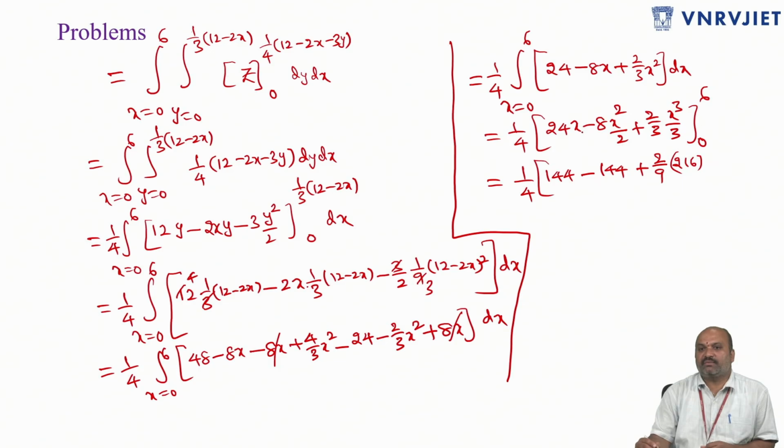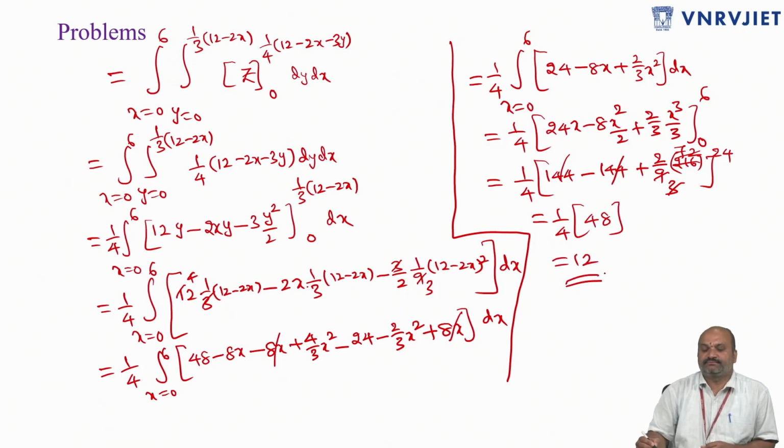Anyway, lower limit has no contribution, all 0. So which is 1 by 4. Plus 144 minus 144 cancel. It is 3 3s are 9 and 3 7s are, 3 2s are, it is again 3. So 3 24s are 48. It is 48. So the answer is 12.